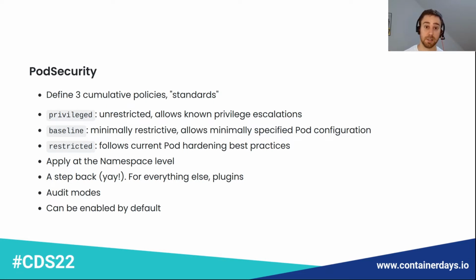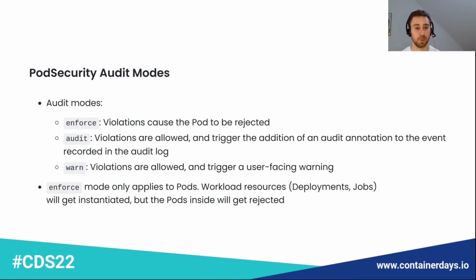Okay, let's see the audit modes. We have talked about the three standards that you can set, and they would either allow things to happen or reject things. That's the enforce mode. There are three modes. We have the enforce mode that actually allows things to happen or rejects them. But audit and warn are different.